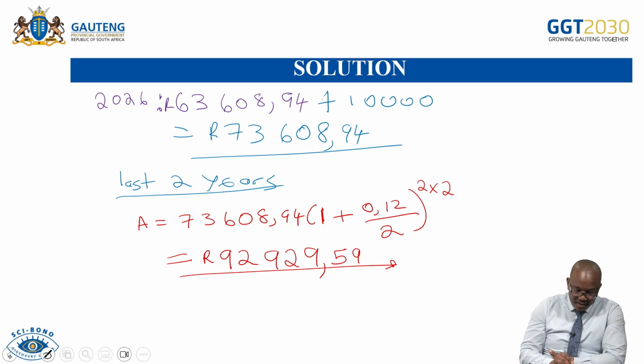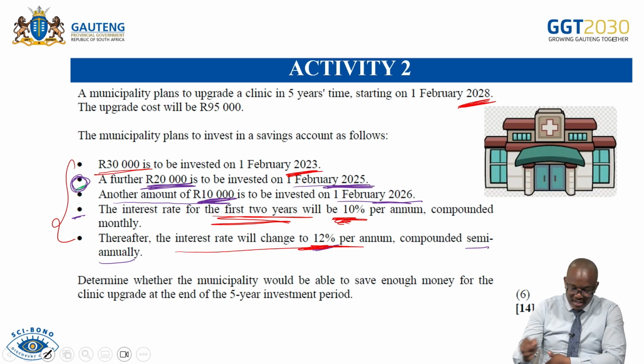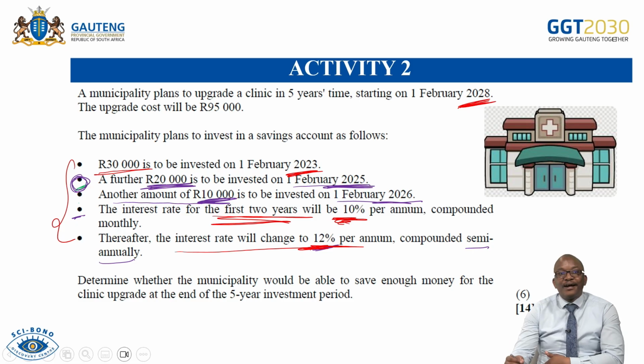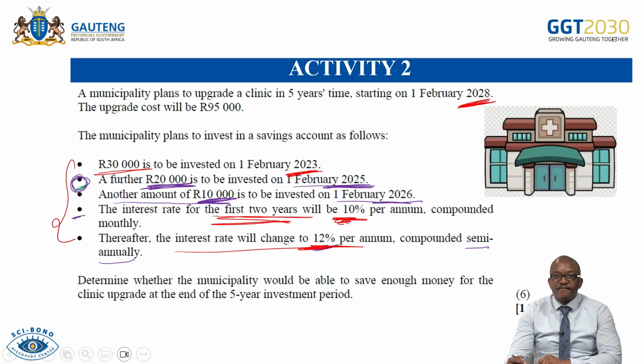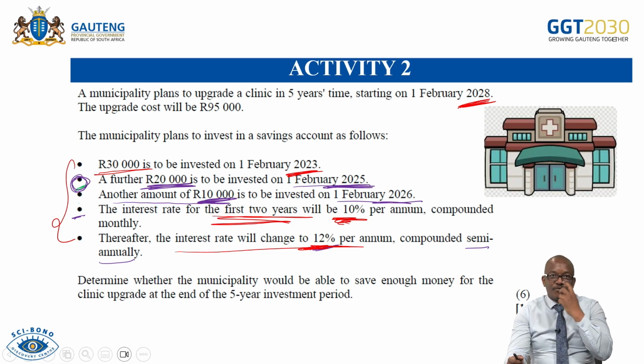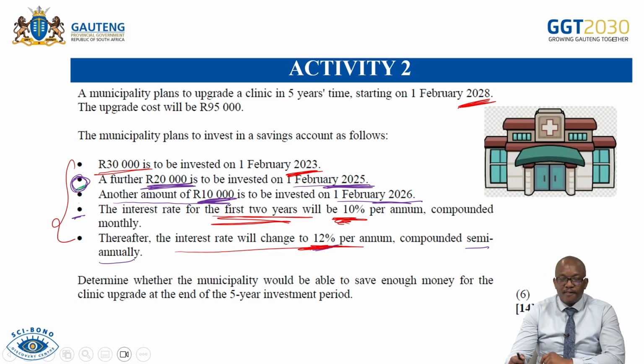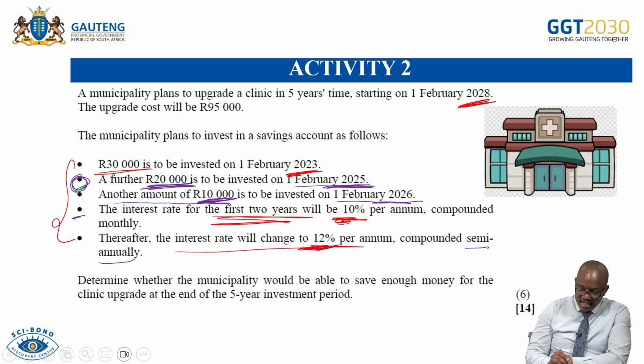So now, if you can go back to the question, it says, determine whether the municipality could be able to save enough money for the clinic upgrade at the end of 5-year investment period. So now, we're looking at the amount that was supposed to be estimated.